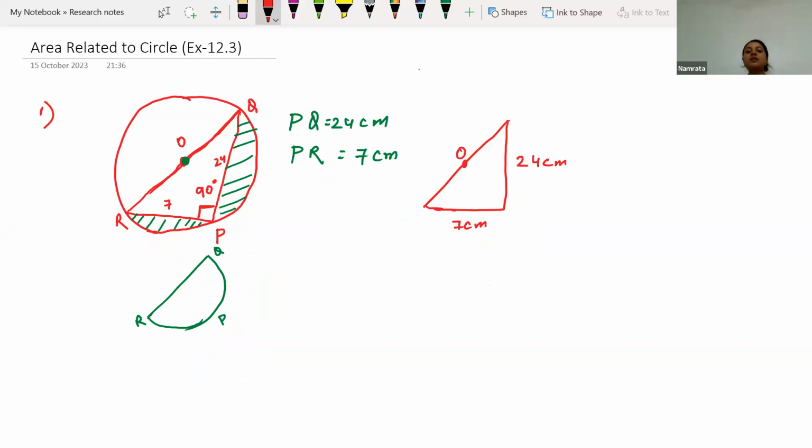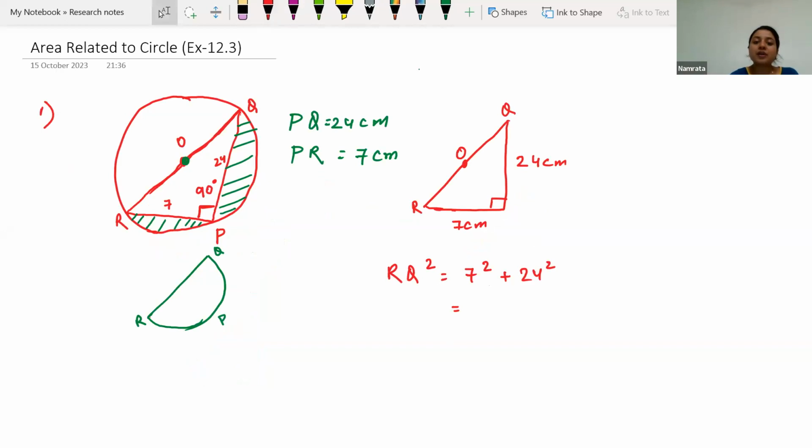We can easily find QR or RQ by applying the Pythagoras theorem, where we can write that hypotenuse RQ square is equal to 7 square plus 24 square. And after calculating it, we will get the total diameter RQ, right?